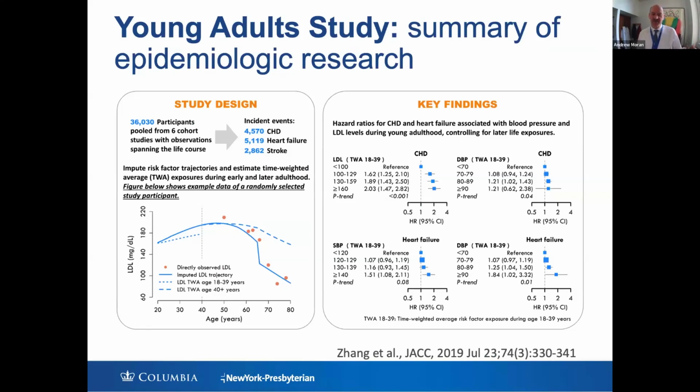And just to illustrate what this looks like, in the bottom right of this slide, you see a figure showing LDL cholesterol on the y-axis and age on the x-axis.